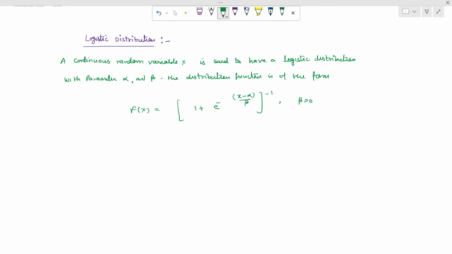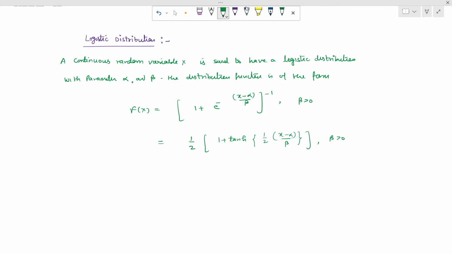Here we take beta as greater than 0. This is also written as 1 by 2 into 1 plus tanh of 1 by 2 (x minus alpha upon beta), where beta is greater than 0.